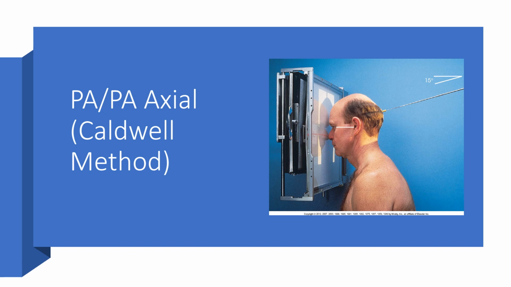Achieve detent with a 15-degree caudal X-ray beam, and boom, you have a Caldwell projection. And of course, it's named after the radiologist named Caldwell. We're going to find a lot of methods in this chapter.